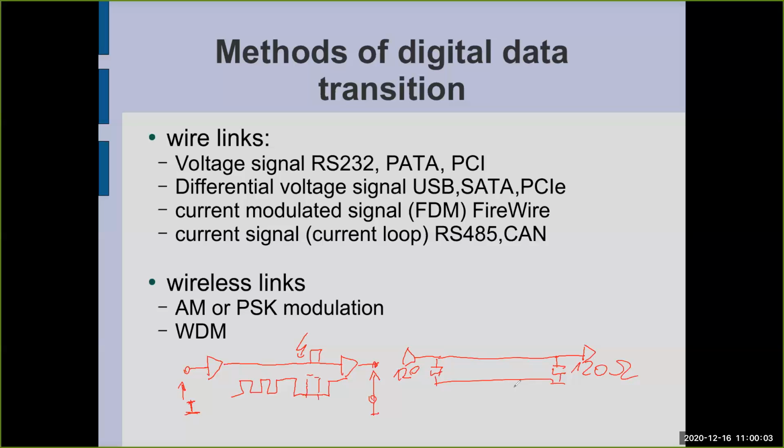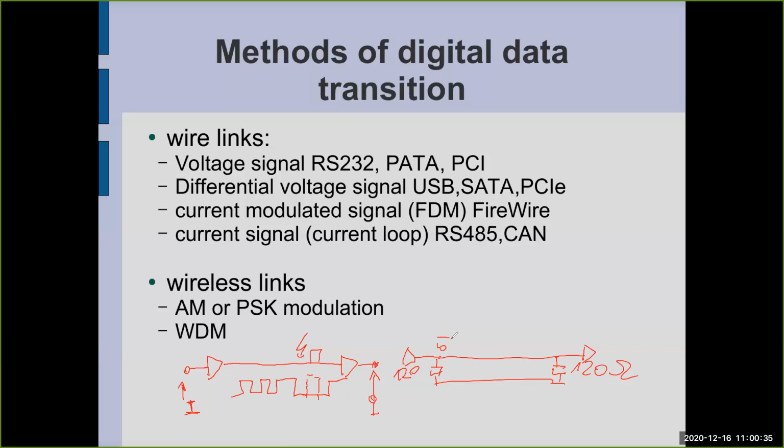If the potential is 5 volts and the resistance is 60 ohms, let's say the current is less than 100 milliamps. It's a huge amount of current, yeah?